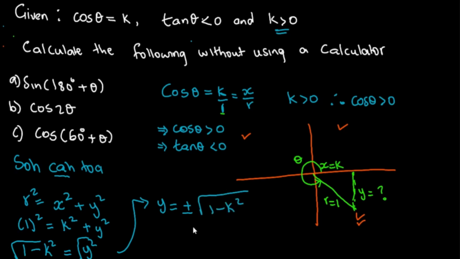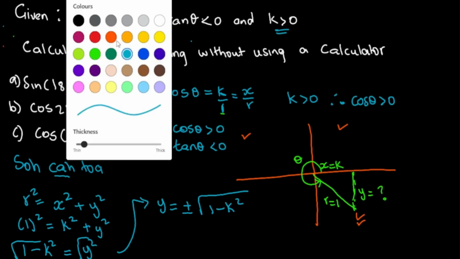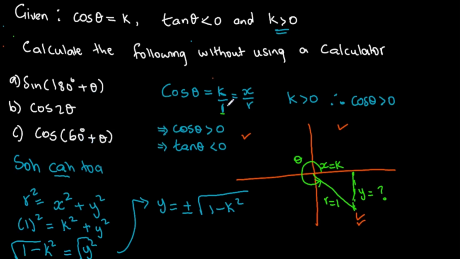So now we need to decide if y is positive or if y is negative. That's what you need to do next. How do you decide? You look at your diagram. When we look at the diagram, we can see that our diagram is in quadrant 4. How are the y values in quadrant 4? All of them are negative.